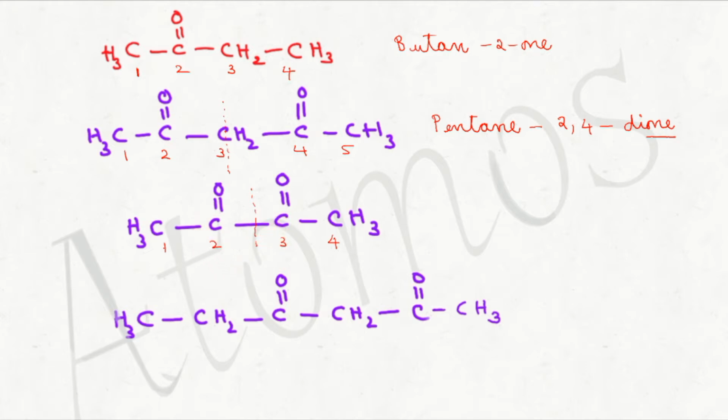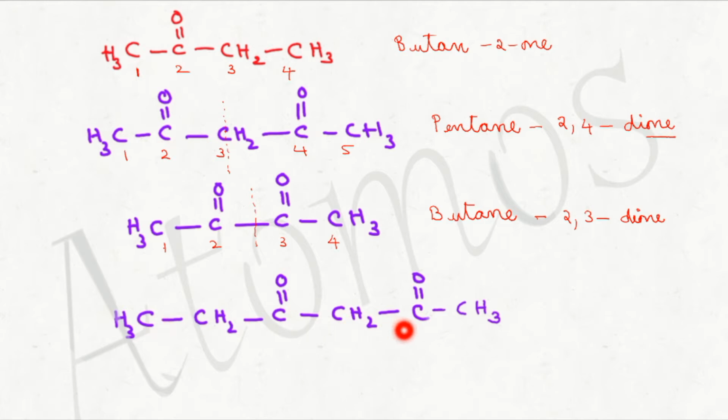Now, which is the root word? 4 carbon atoms are there, so it will be but. But as the functional groups present are the same and 2 are present, I write the complete name butane. Then we specify the positions of the functional groups: butane-2,3-dione. That's the name of the compound.